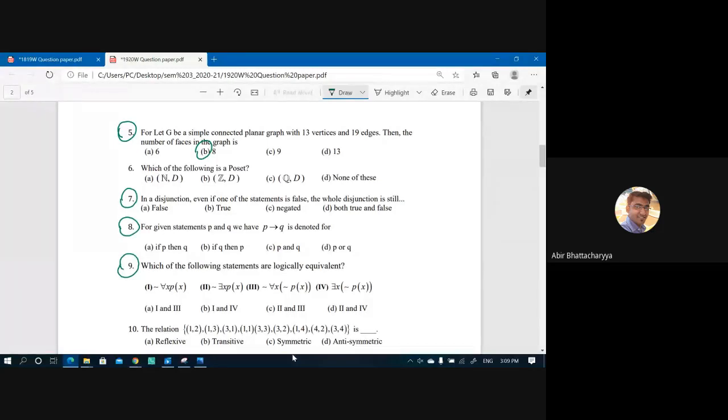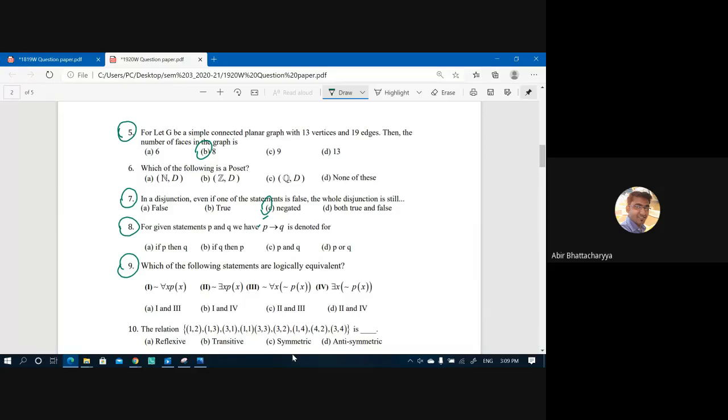See, one of the statements being false means the other one might be true or might be false. If it is true, then the disjunction is going to be true, and if it is false, then the answer is false. So we can go for option C. Neither can be true or can be false, both.